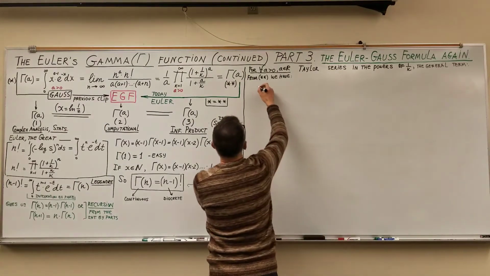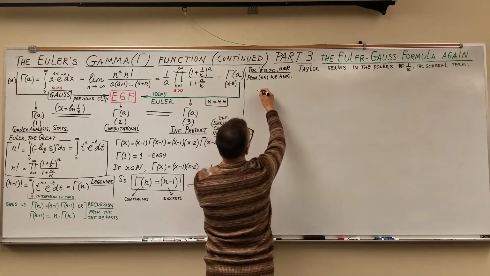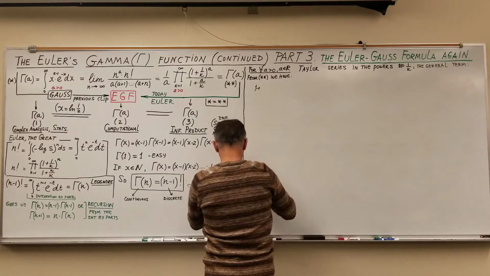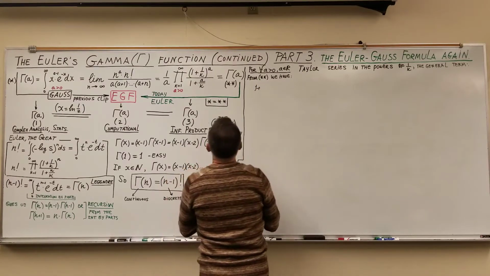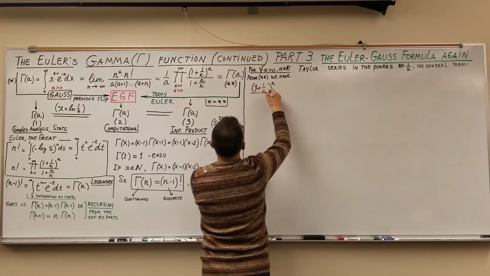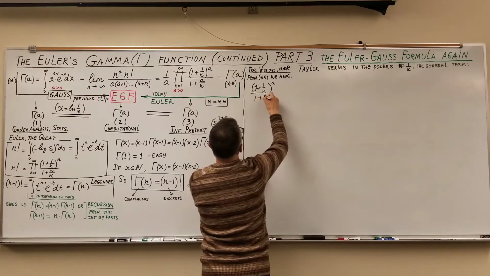So the general term will be equal to 1 plus 1 over k, power of a, over 1 plus a over k.